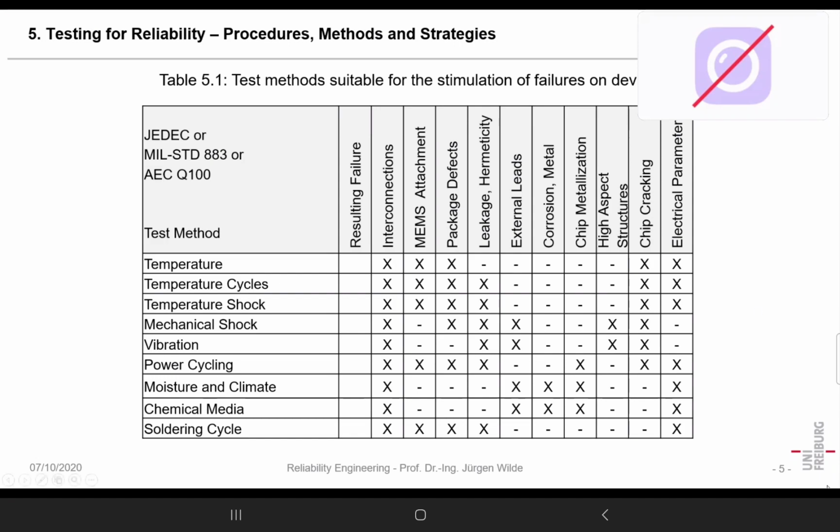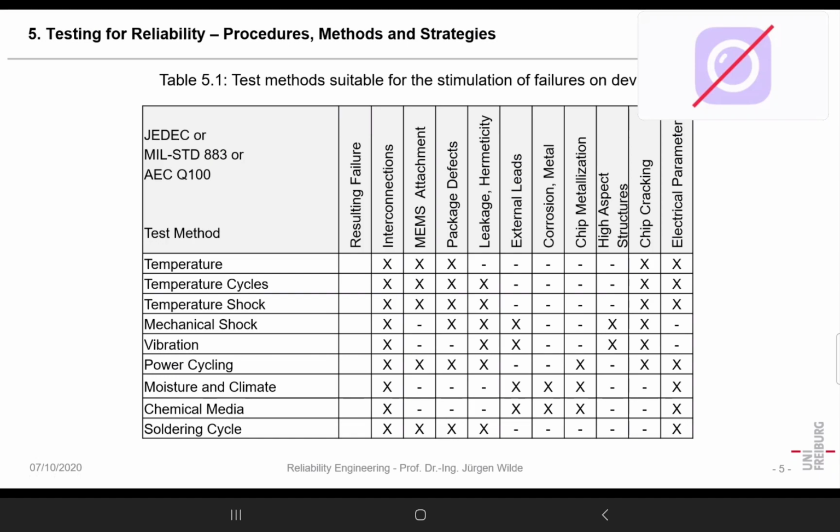And then the subsequent reaction to mechanical shock, for instance, is different. And that's the reason why in these standards, the soldering cycle was introduced. And just to say it, that is something which should always be done in combination with the other tests. Okay, that was the military standard.